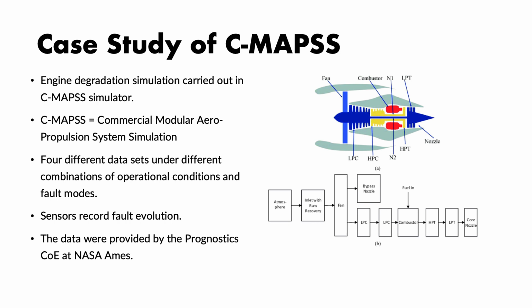The data is also called CMAPS data, and it includes four different datasets. Each dataset has a different combination of operating conditions and fault modes, and several sensors record the evolution of the fault. And importantly, the data was provided by the Prognostics Center of Excellence at NASA.